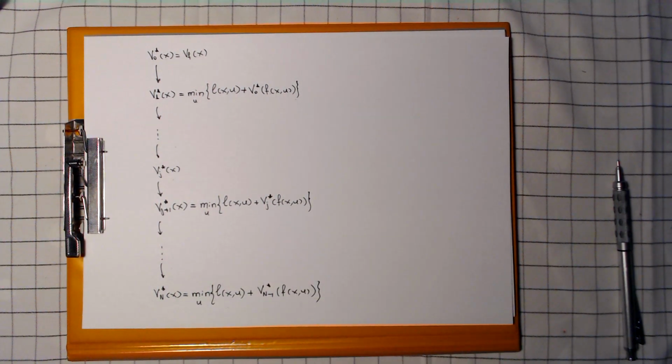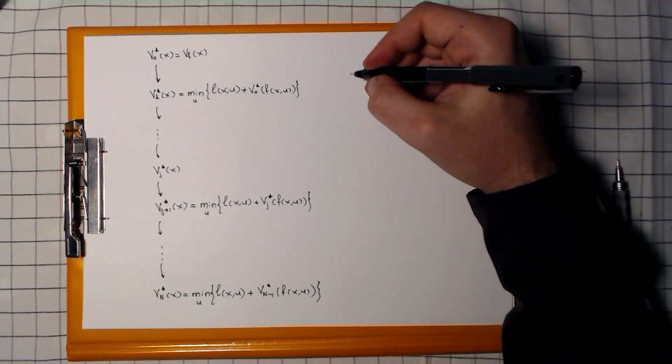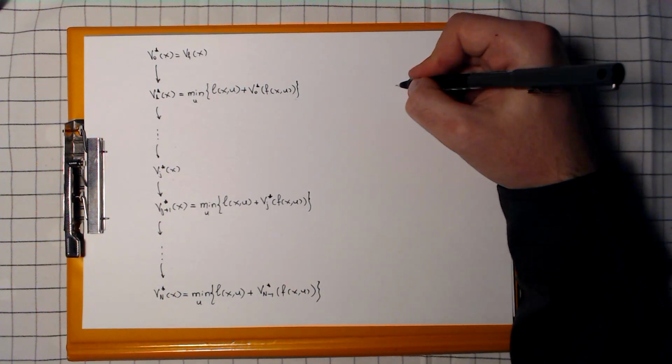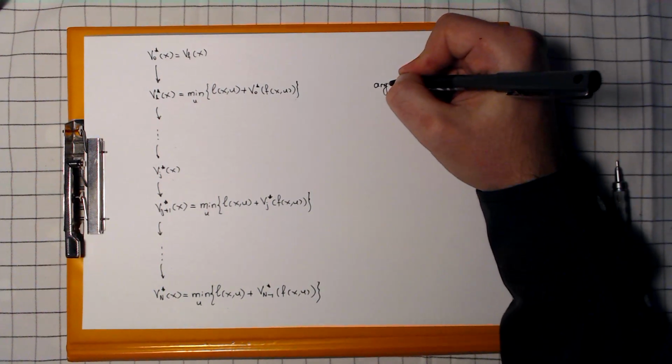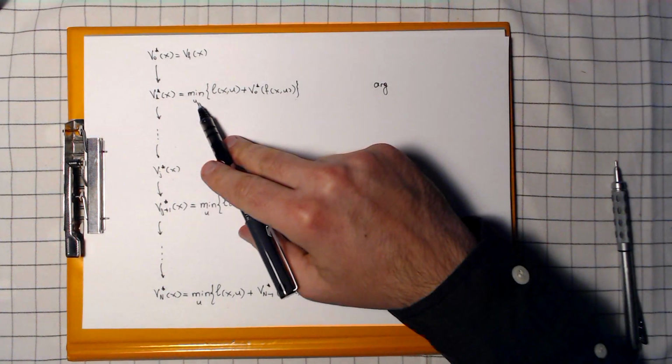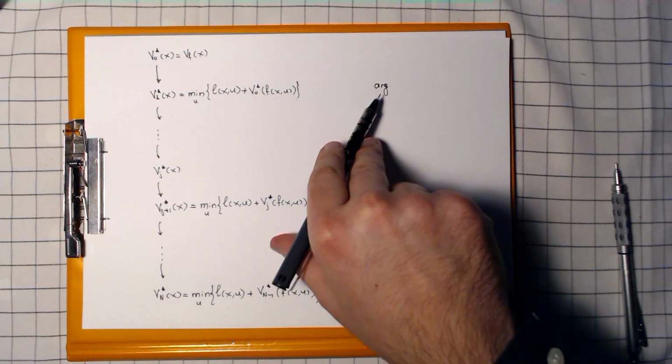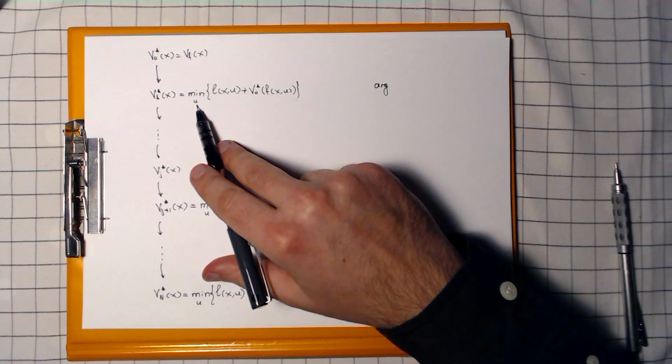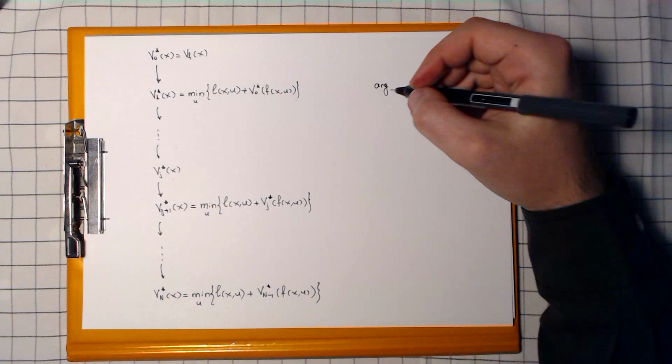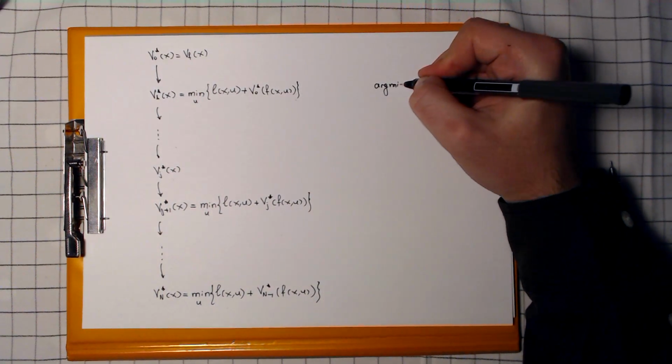And we continue until we reach Vn star. Now at the same time here, if we take a minimizer only with respect to u at that stage, we will need to solve the problem to find such a minimizer.